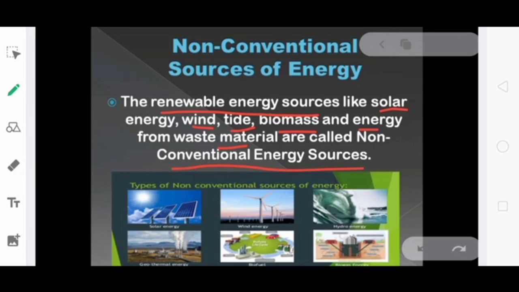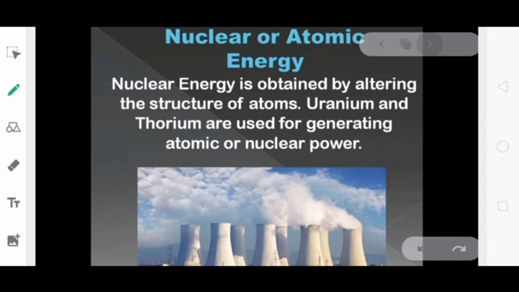So we'll start discussing each one in detail. The first one we'll discuss is nuclear or atomic energy. Nuclear energy is obtained by altering the structure of atoms. So the metals used are uranium and thorium. So uranium and thorium are used for generating atomic or nuclear power.